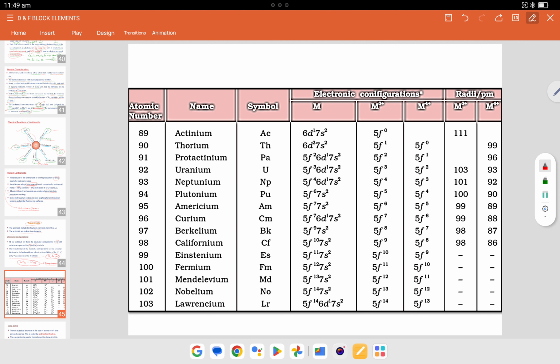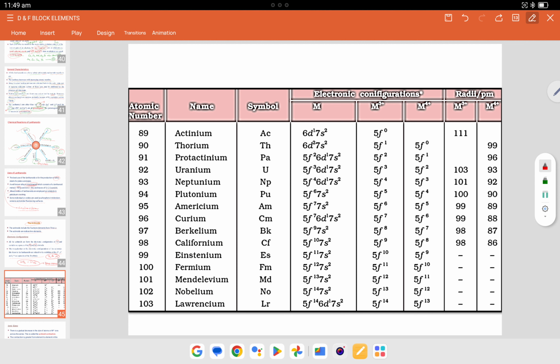You can check the electronic configuration of actinium, thorium, protactinium, uranium, neptunium, plutonium, americium, curium, berkelium, californium, einsteinium, fermium, mendelevium, nobelium, lawrencium.